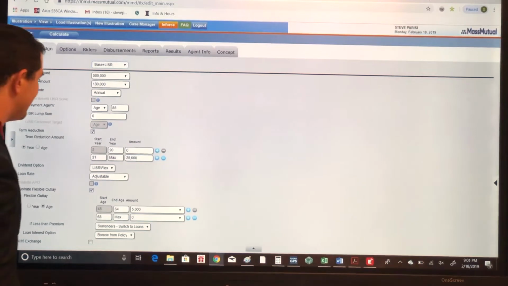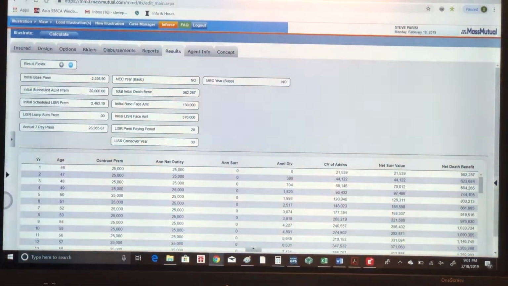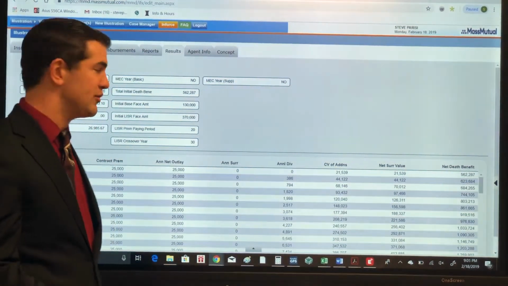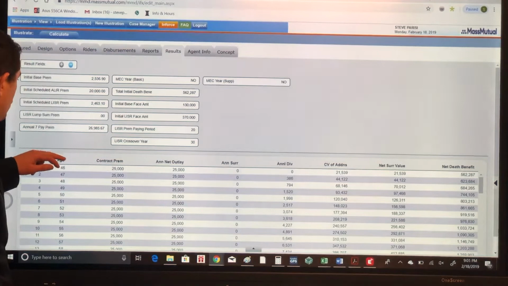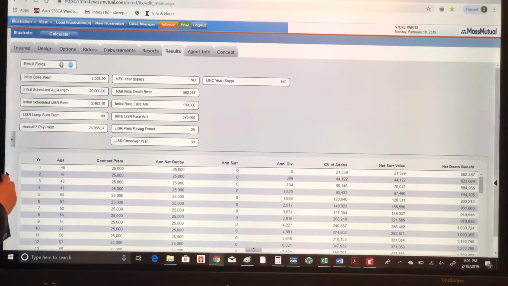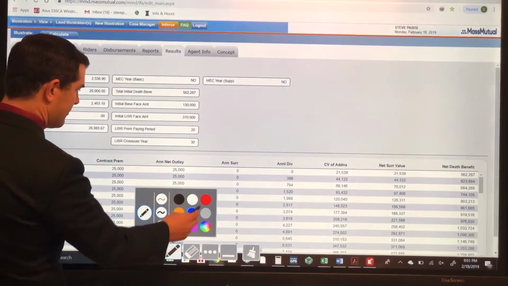Let's just go to the design here. We're going to show $25,000 a year going into the policy. We'll show $25K a year for 20 years actually. It could go longer or shorter if we wanted to. So let's highlight a couple things here. Where is our money going?